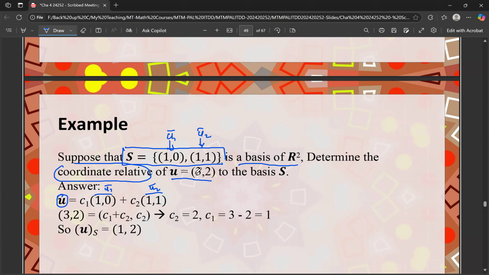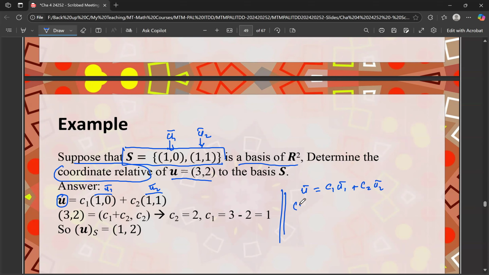We give u the value 3, 2. I will write it on the right to make it clear. u is equal to c1 u1 plus c2 u2, and we want to find the values of c1 and c2.